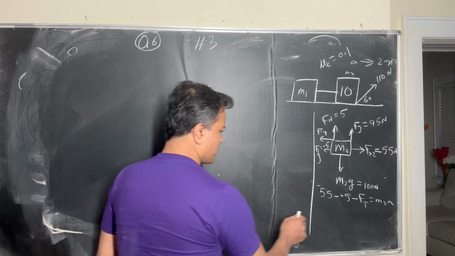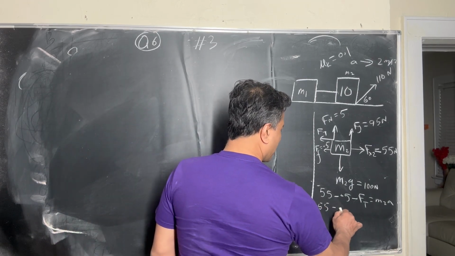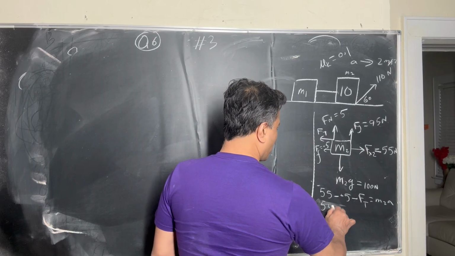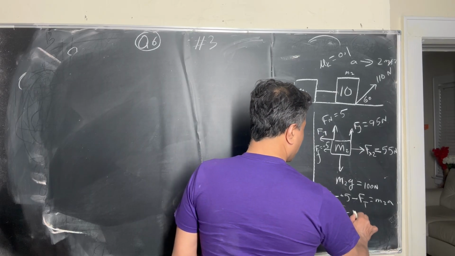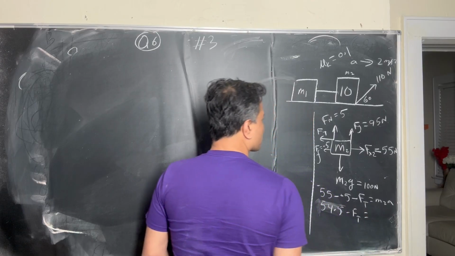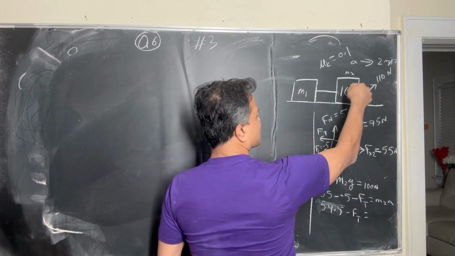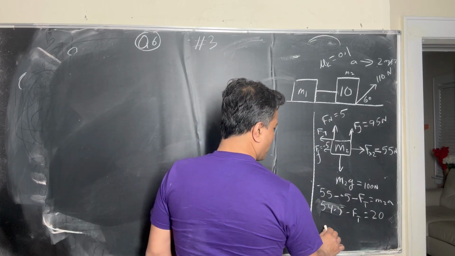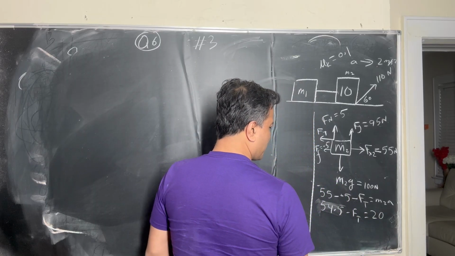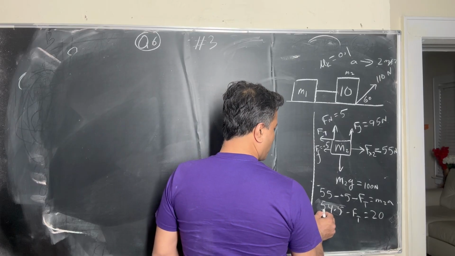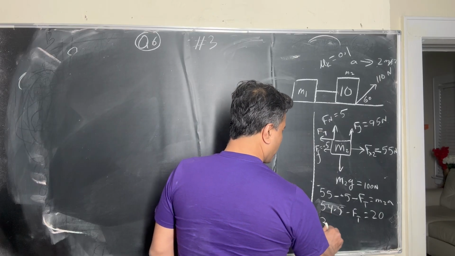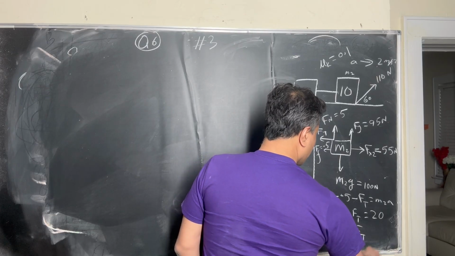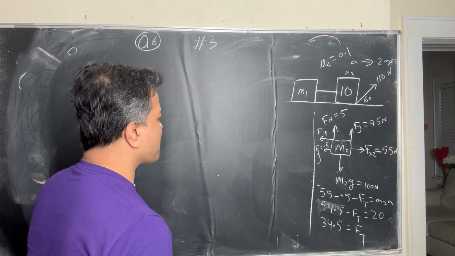We can update it more. 55 minus 5 is 44.5 minus Ft is equal to m2 is 10, 10 times 2, 20. So we're going to bring 20 over there. So 34.5. Ft. So Ft is 34.5.